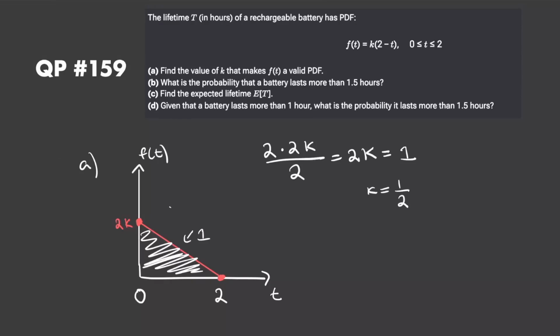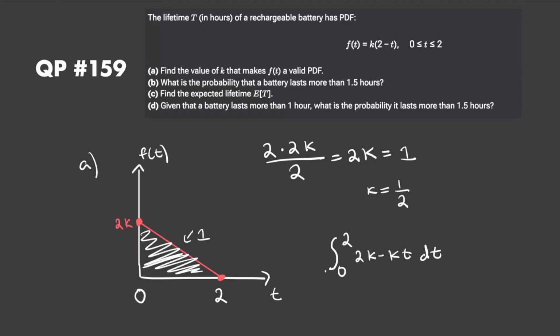Or alternatively, you could solve for this area by integrating. If you had a more complicated distribution function, this is what you would do. You integrate over all the possible values that t can take, so between 0 and 2 in this case, the density, which is 2k minus kt when we expand out the k, with respect to t.